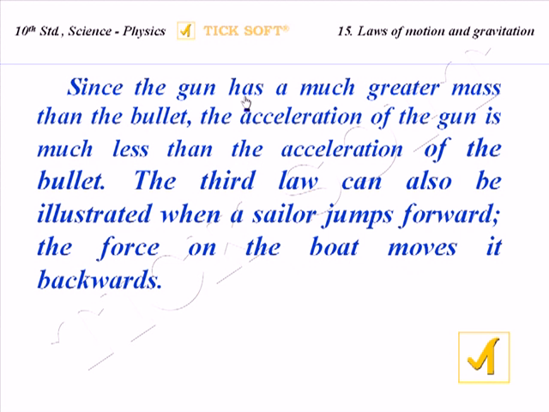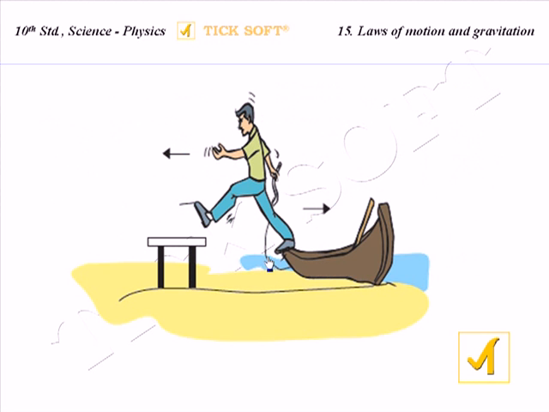Since the gun has much greater mass than the bullet, the acceleration of the gun is much less than the acceleration of the bullet. The third law can also be illustrated when a sailor jumps forward: the force on the boat moves it backwards. The sailor moves forward and the boat moves backward because of the third law.